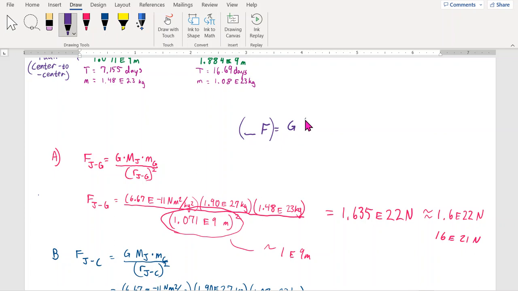Big G, which is not going to change, mass 1, mass 2, and then R, and we're going to square that. If I were to keep these masses approximately the same, because the big mass was the same, and the little masses are close enough, and I were to double the radial distance, the distance between the two large objects here, then I would have a 2 down here.